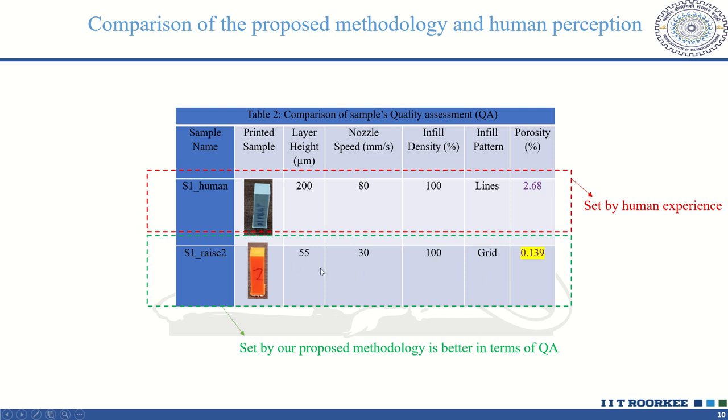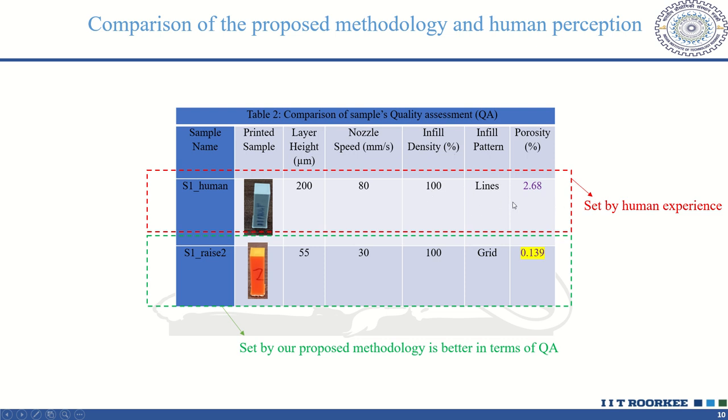The porosity in this sample, as estimated by AI, is found to be 0.139%. However, we compared it to the sample which is set by the human perception or an experienced operator. The process parameters which are set by the experienced operator are 200 micron layer height, 80 mm per second nozzle speed, 100% infill density. Lines are the infill pattern.